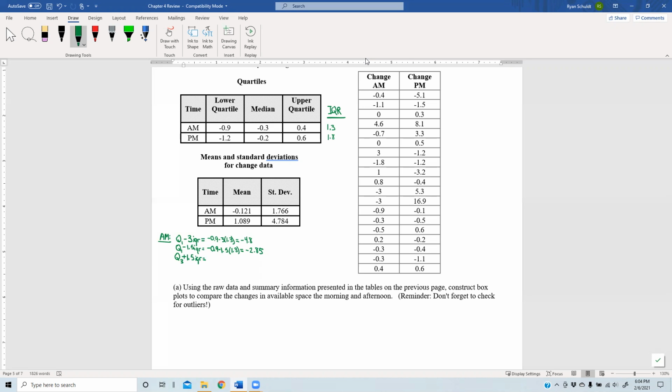Q3 for AM is 0.4. So 0.4 plus 1.5 times 1.3. It's going to give us 2.35.